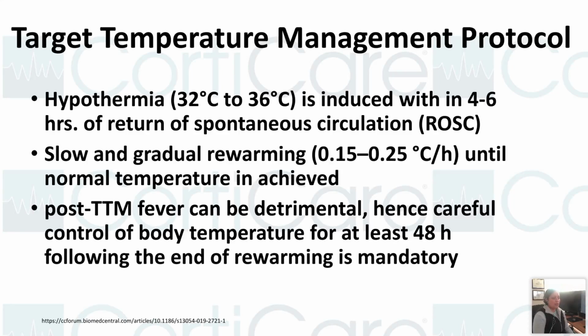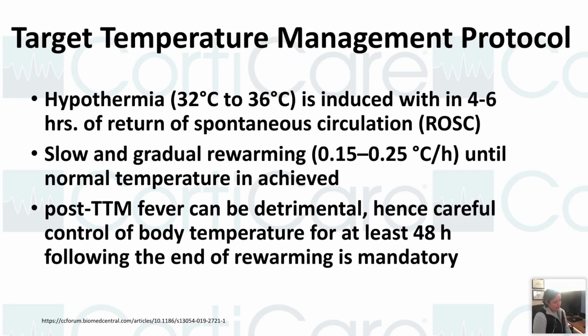And then gradually the patient is rewarmed. The rewarming is done very slowly, at 0.15 to 0.25 degrees Celsius per hour. So it takes 4 to 6 hours for a 1 degree increase in body temperature, and almost 20 to 24 hours for the patient to come back to normothermia.